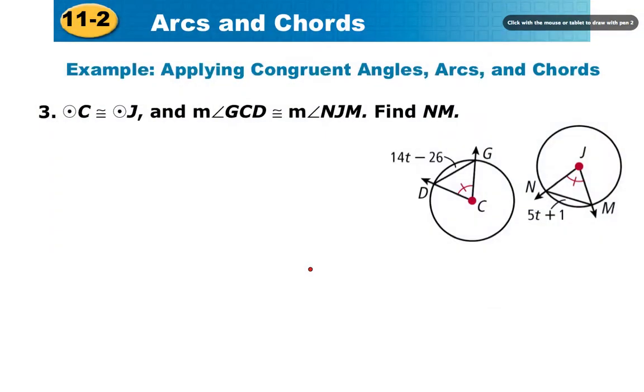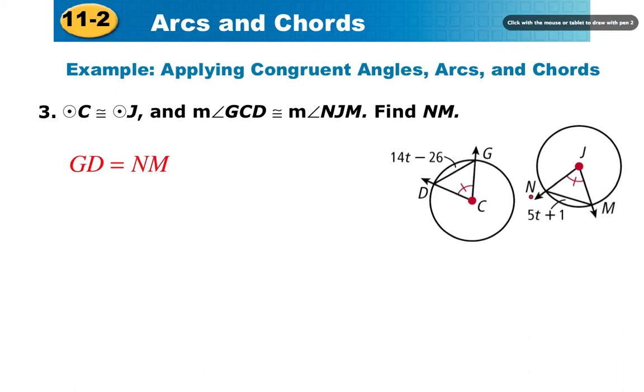Example 3 says circle C is congruent to circle J, and they're telling you that the measurement of angle GCD is congruent to the measurement of angle NJM, and they want you to find NM. Since the center angles are congruent, these chords must be equal because of the theorem that you just saw.